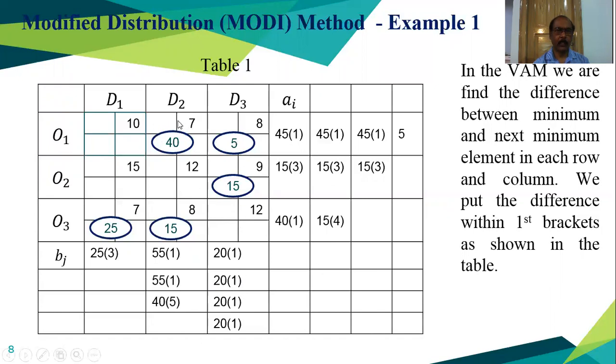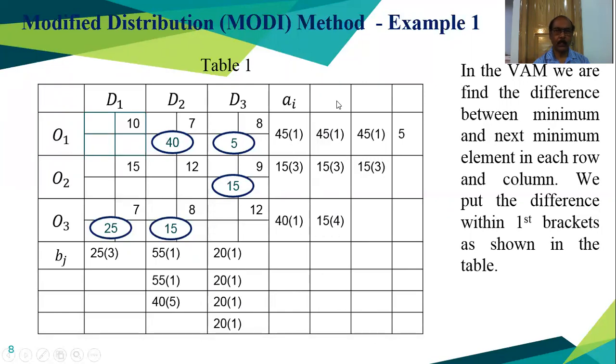Then we allocated here the 40, some calculation mistake is there. So we can allocate here the 40. So after the 40, how much is left?